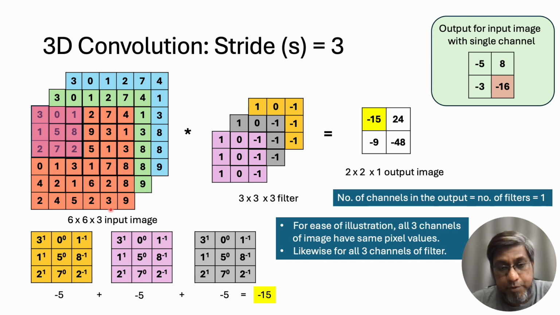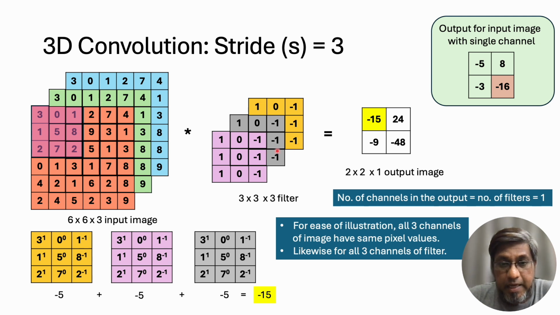So since we have 3 channels in the input image, our filter must also have 3 channels. So we have a 3x3x3 filter. So it's a filter with 3 channels, which I have highlighted in pink, gray, and orange here. So the pink is the first channel of the filter, the gray is the second channel of the filter, and the orange shaded one is the third channel of the filter.